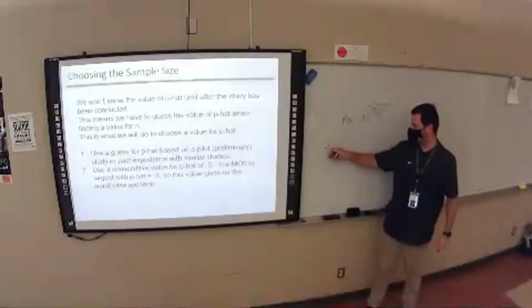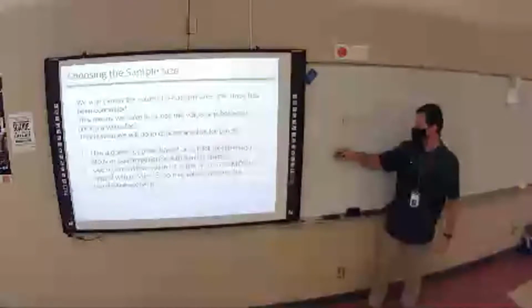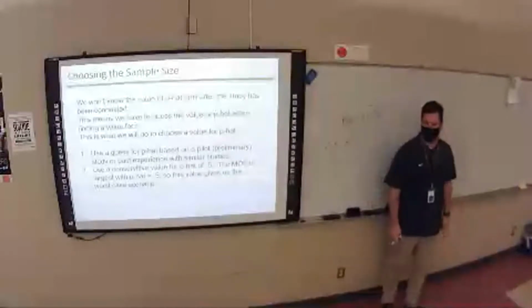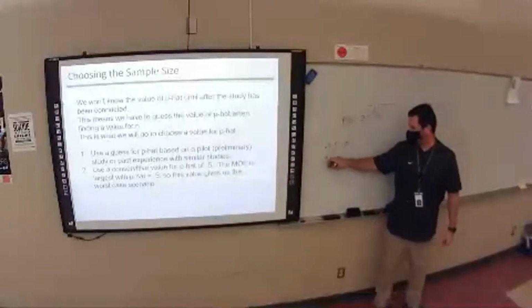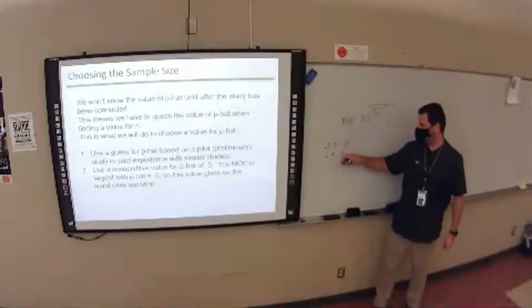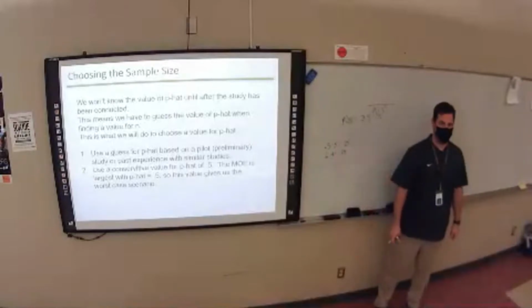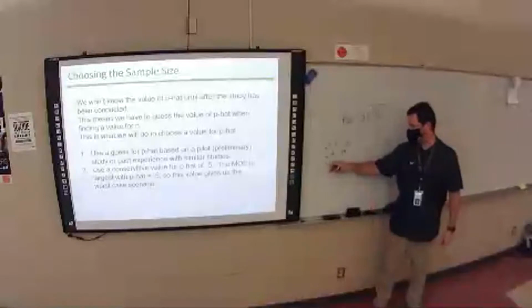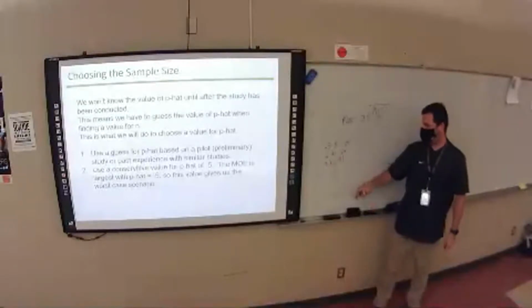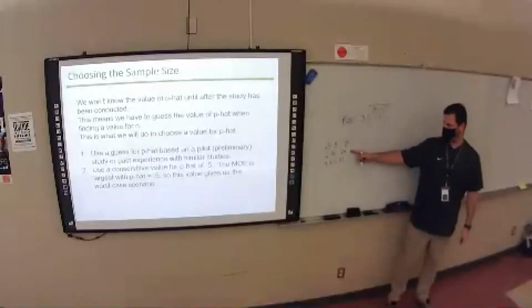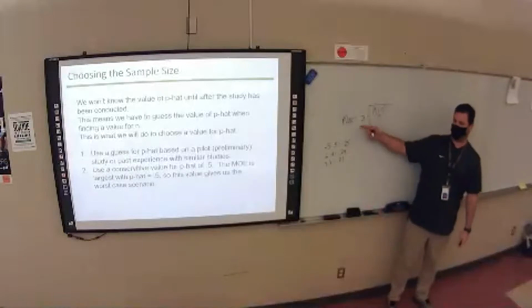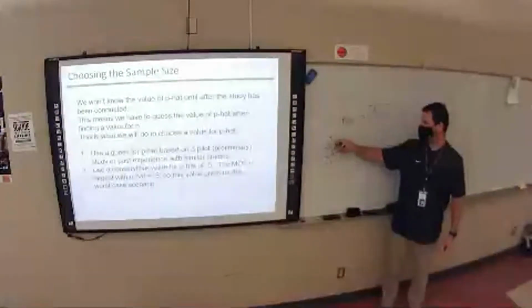Once you think about it, 0.5 times 0.5 is 0.25. 0.6 times 0.4 is 0.24. 0.7 times 0.3 is 0.21. This number is slowly getting smaller. And even if I flip-flop that, that's 0.4, 0.6.